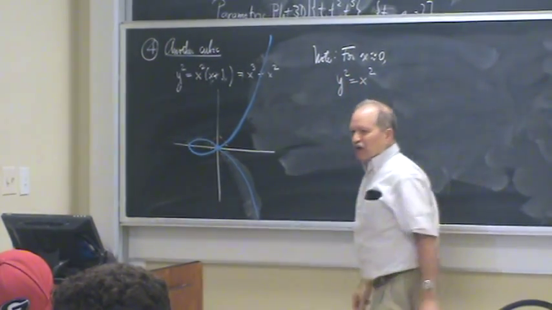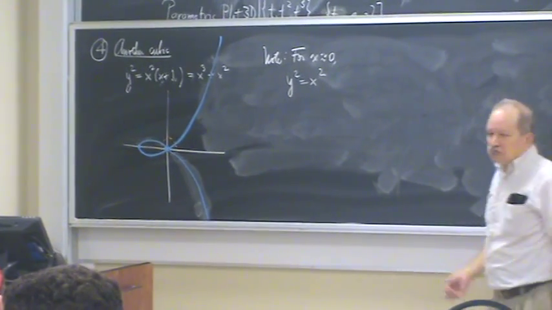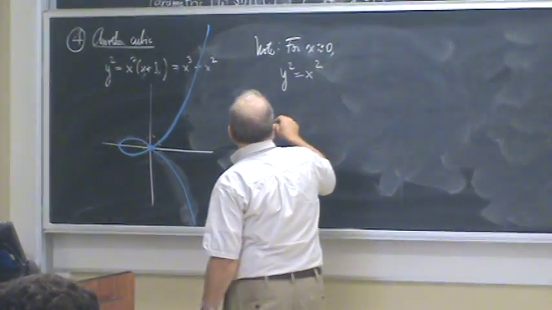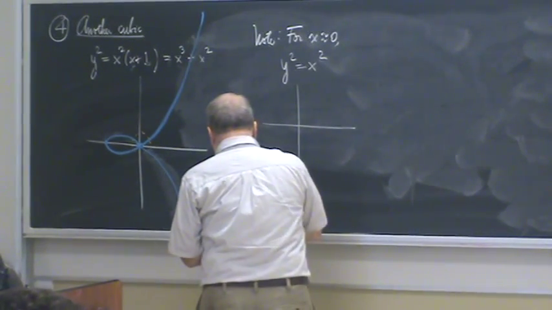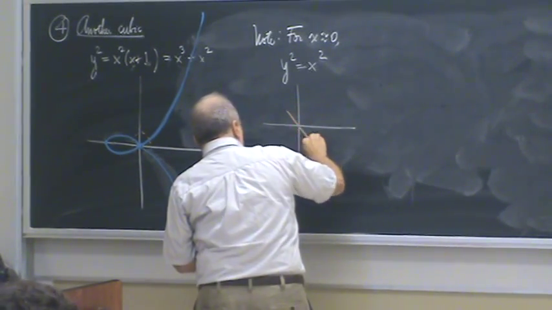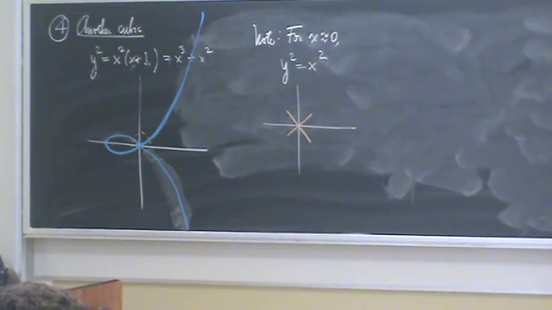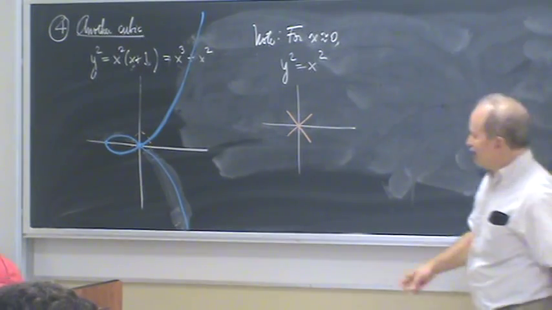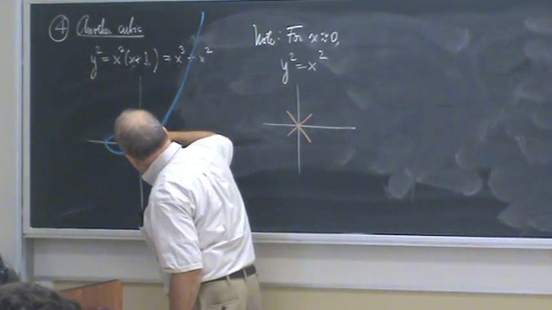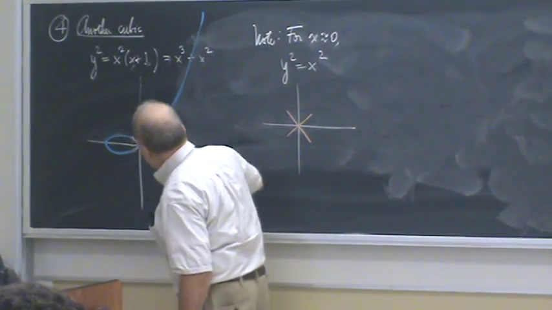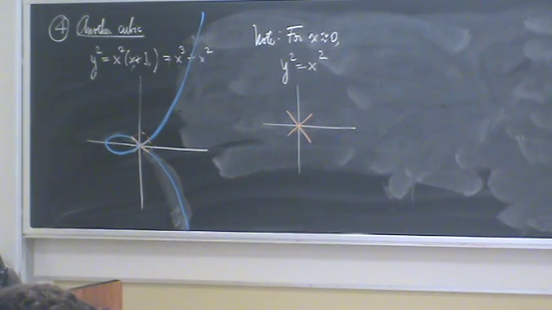And what does y squared equals x squared look like? Y equals plus or minus x. So it should just look like an x, right? And if I had done this picture a little better, you would have seen the x if you looked at the tangent lines there.